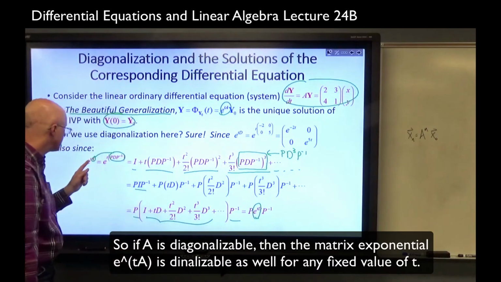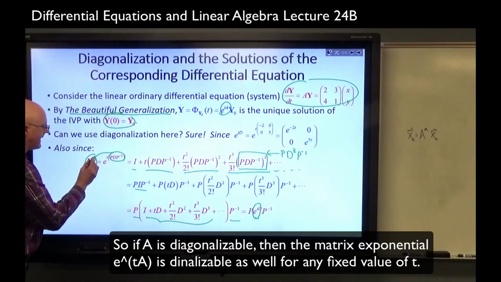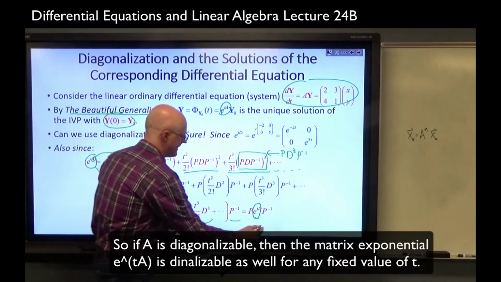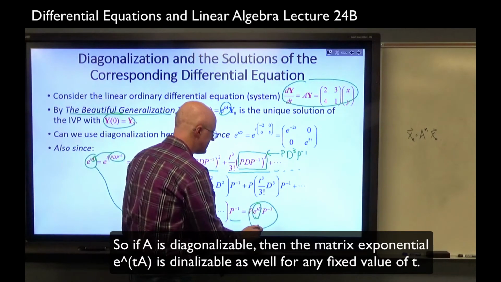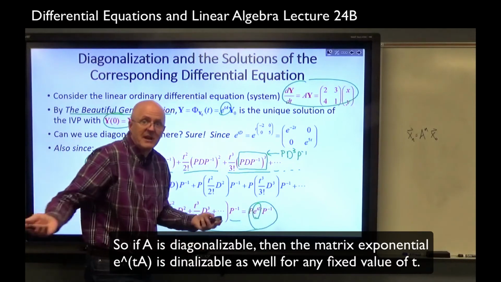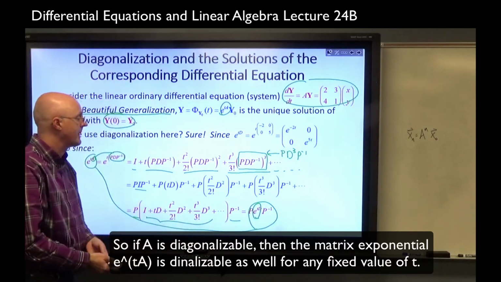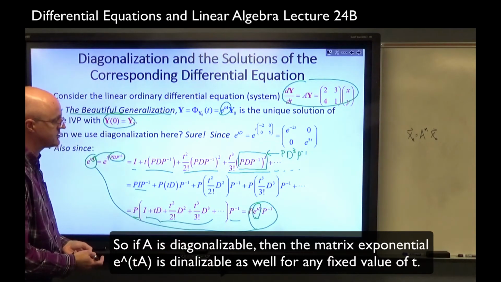So the matrix exponential e to the tA is P times e to the tD times P inverse. Similar kind of thing as with the difference equations, except now we use the matrix exponential instead of A to a power.